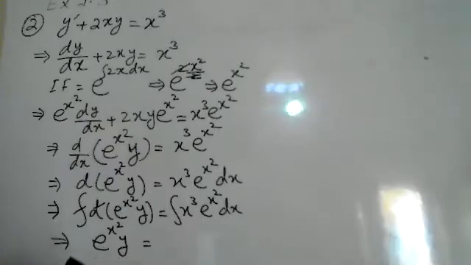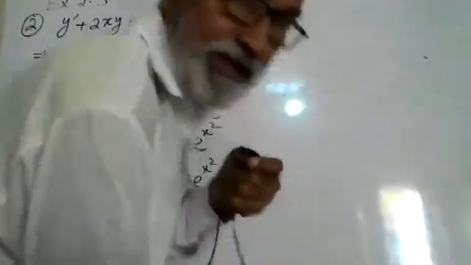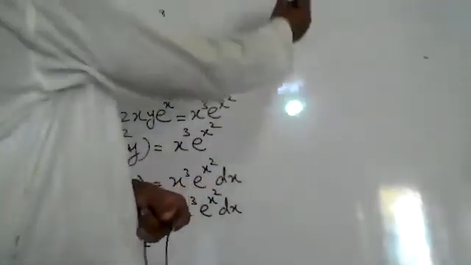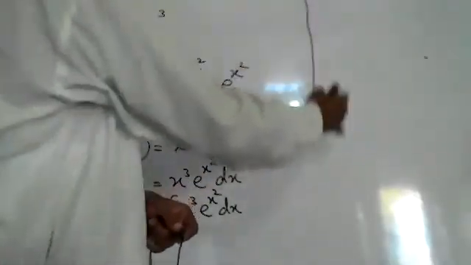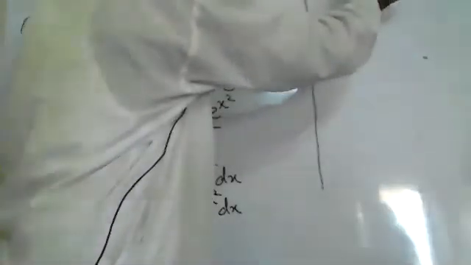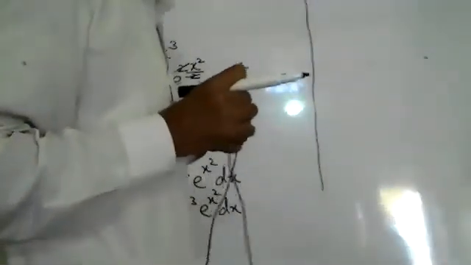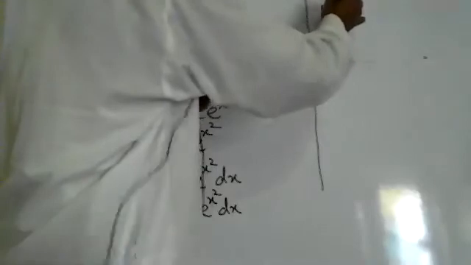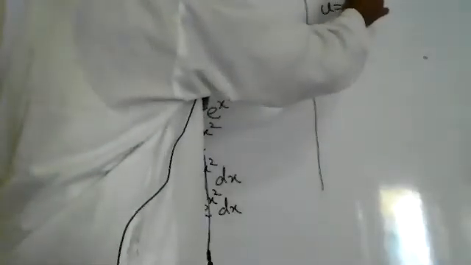Okay, I am doing that one. Here I will do integration of x cube e raised to power x square dx. U dv. U will be taken e raised to power x square.